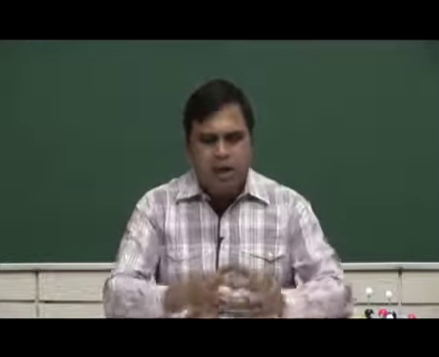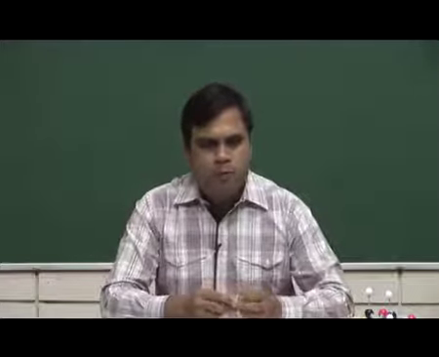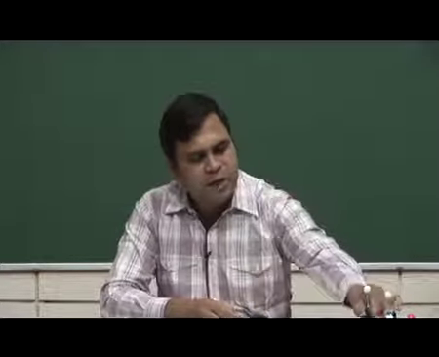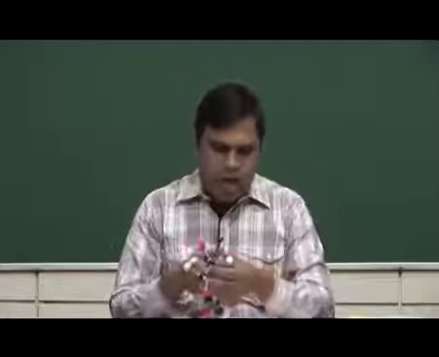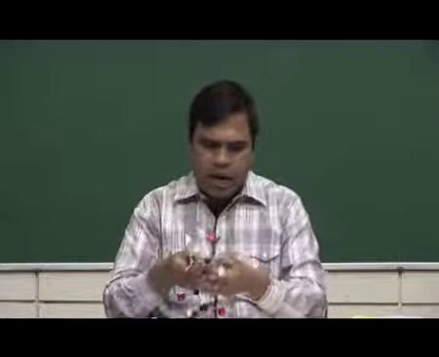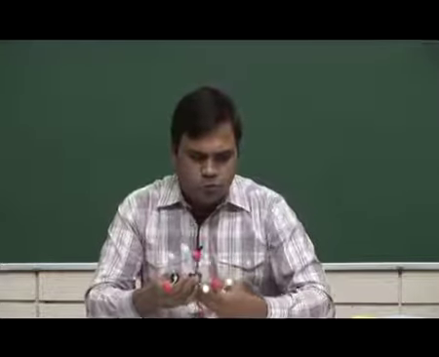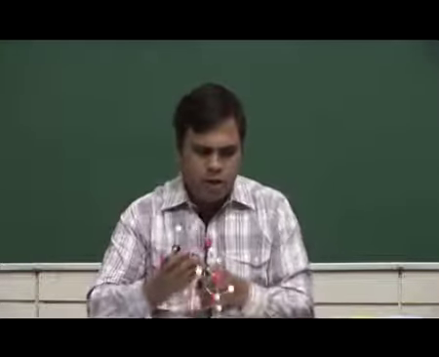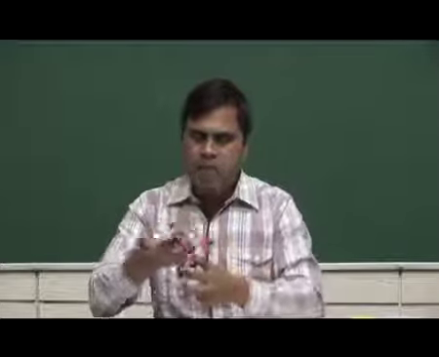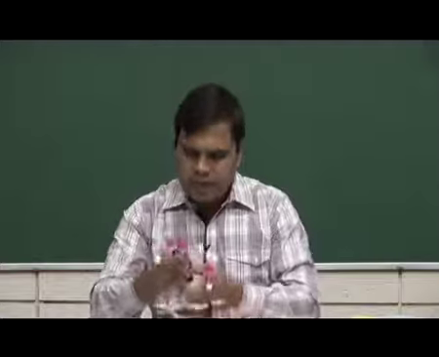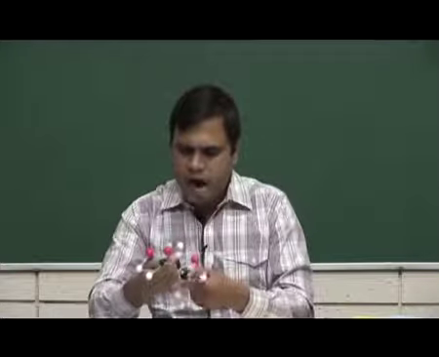So, today I will show you some models, and through that we will try to understand in a better way. The meaning of formulas can be seen through the use of a molecular model, and here you can see that I have taken this carbon chain.